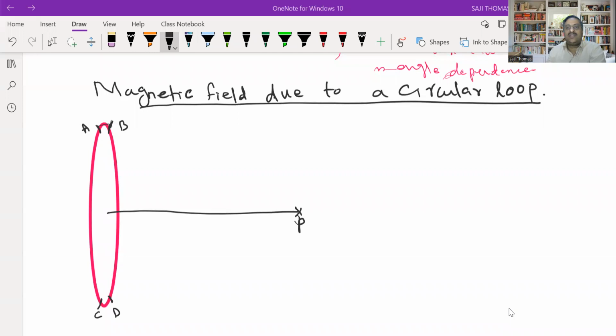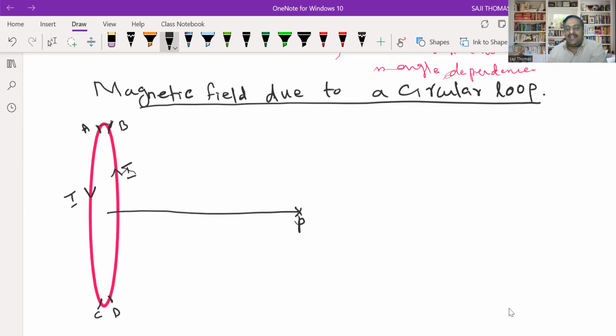See, I have drawn a circular loop. This carries a current I. The current direction is this way. You see the top part, a small elementary length AB. AB is a small elementary length.